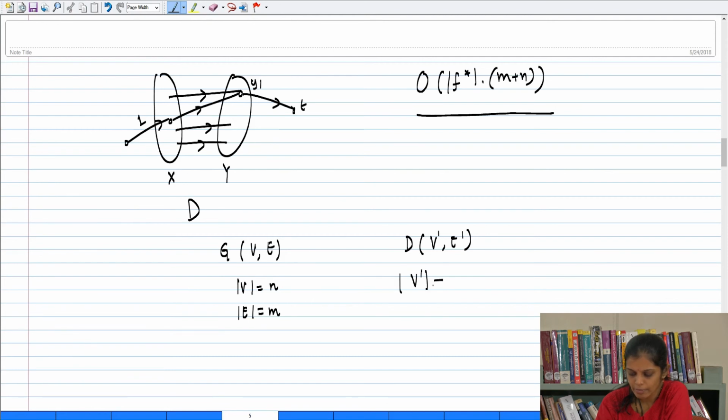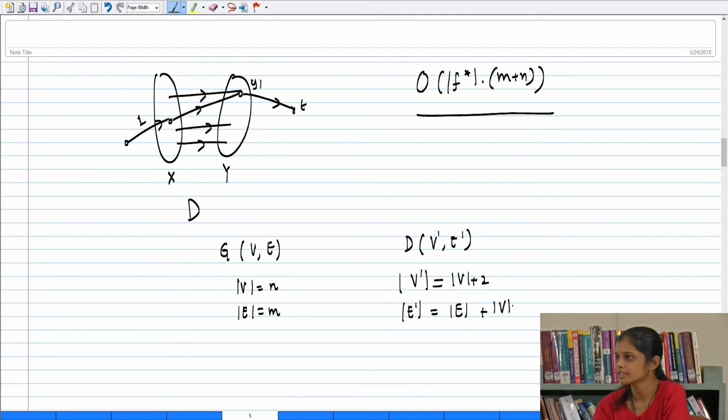The cardinality of V prime is just V plus 2 because we have added 2 vertices. What about the cardinality of E prime? It certainly has all the edges in the original graph plus some additional edges, plus V, because exactly one edge we have added extra for each vertex, so we will just add a V here.